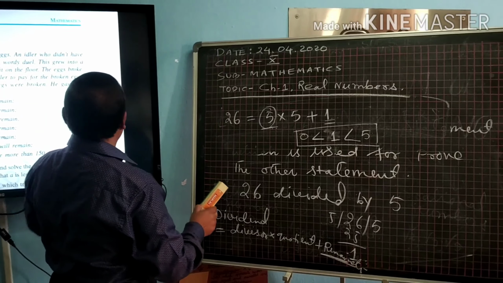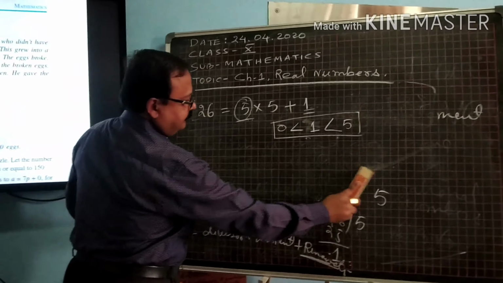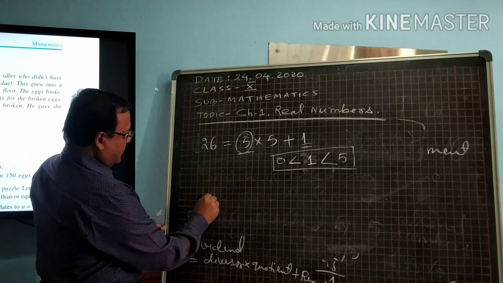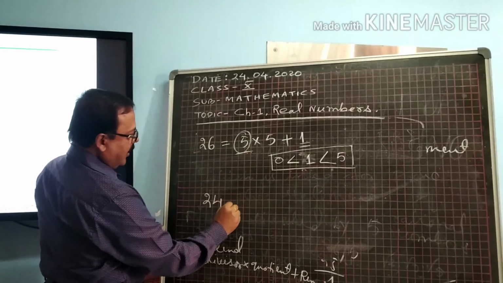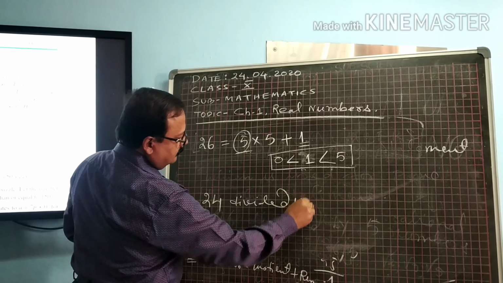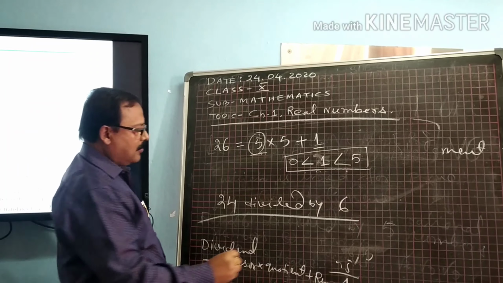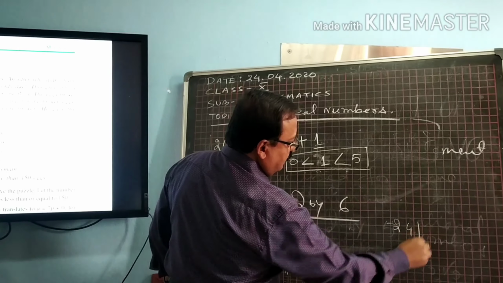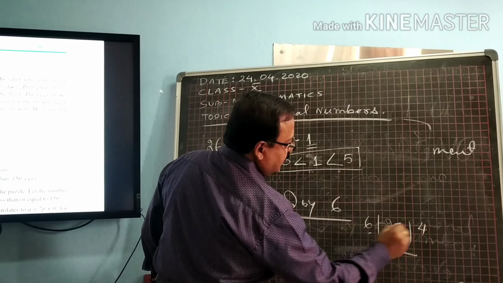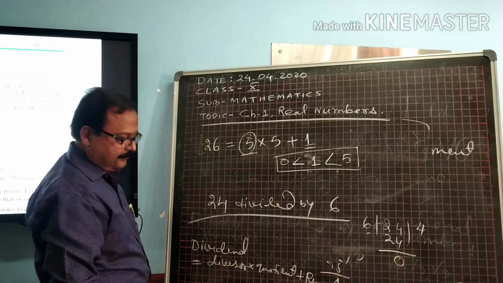Secondly, we observe, suppose 24 divided by 6. We will observe 6 into 4 is 24, remainder here is 0.